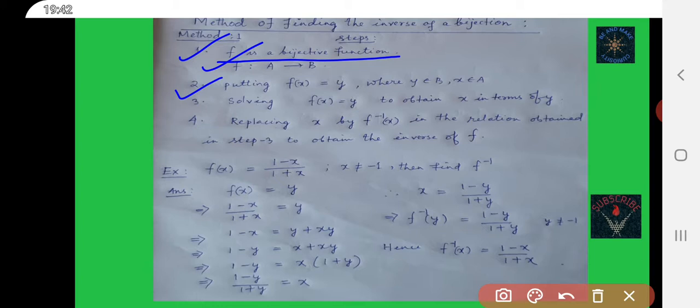As it is bijective, already given in step 1, f is a bijective function, proved.